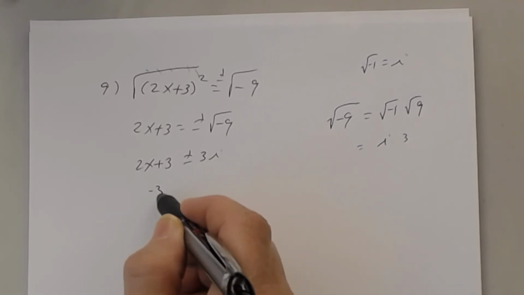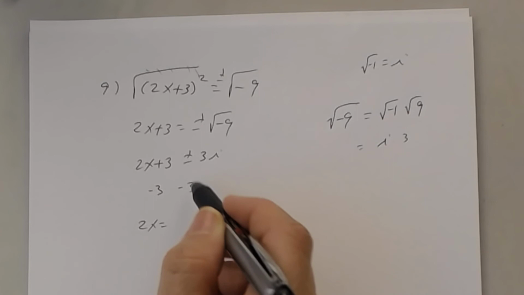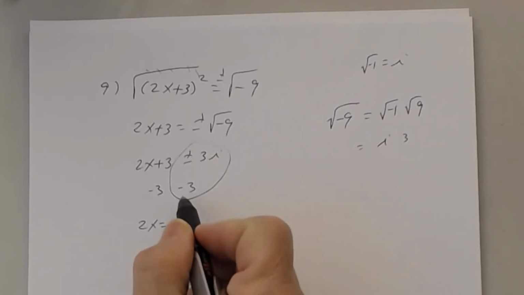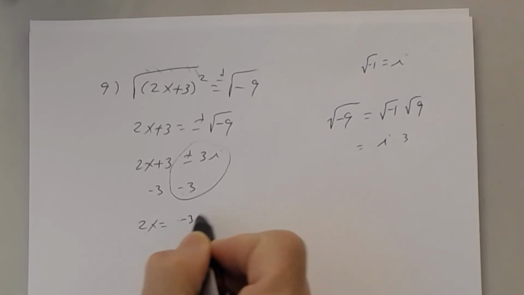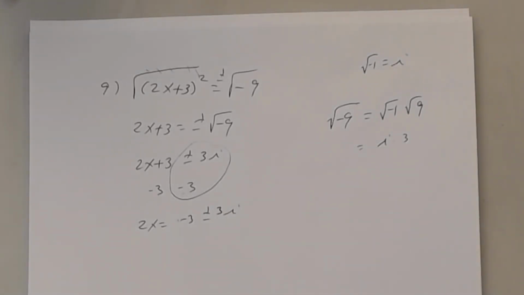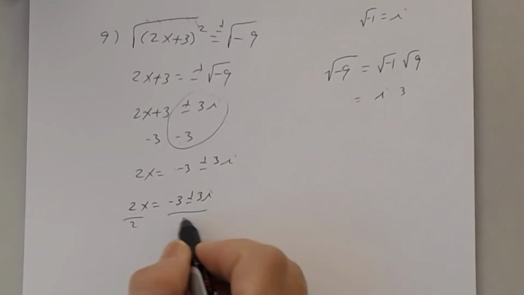So you're going to subtract 3. So you're going to say 2x equals. Now how would you rewrite this side right here? Negative 3 plus or minus 3i. Always put the plus or minus term on last. And then one more step when you're done, what's the next step? How to get x by itself? Divide by 2.